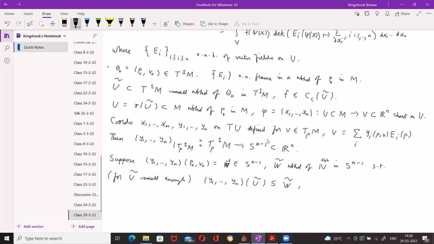And I let z1 tilde to z(n-1) tilde be charts on S^(n-1) from W tilde in S^(n-1) to some W in R^(n-1).